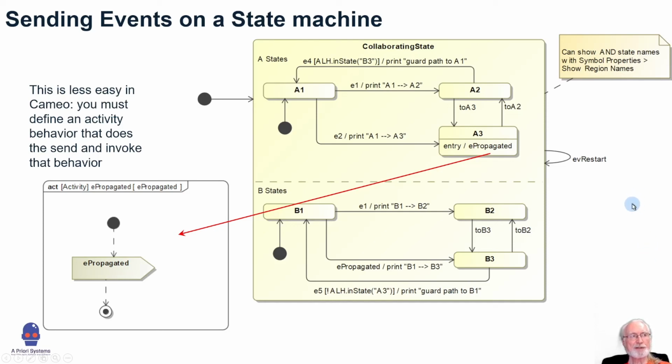So the same state machine as before, shown in Cameo, has this entry action on state A3, invoking a behavior called ePropagated, which is an activity which sends that event. This works the same, but there is some additional effort when you want to send signals on a state machine in Cameo versus how you can do it in Rhapsody.